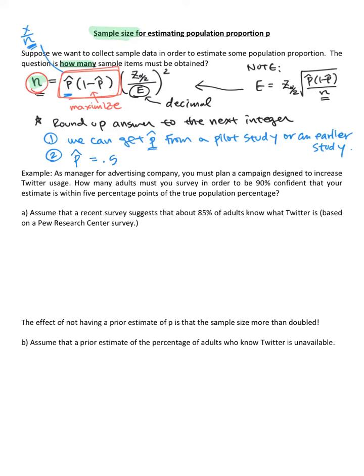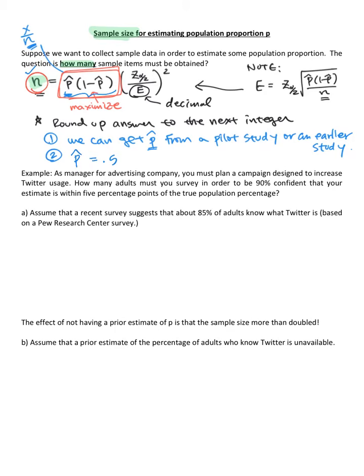So if you use p hat equals 50%, then 1 minus p hat is also going to be 0.5, right? So if you use p hat equals 0.5, that is going to maximize the product of p hat and 1 minus p hat, which will give us the largest sample size possible for a certain confidence level and margin of error.